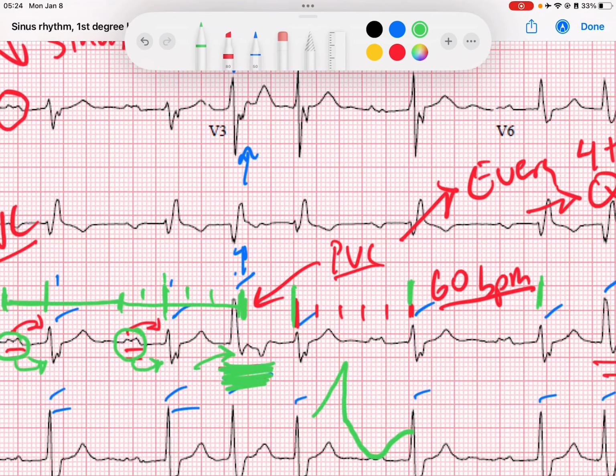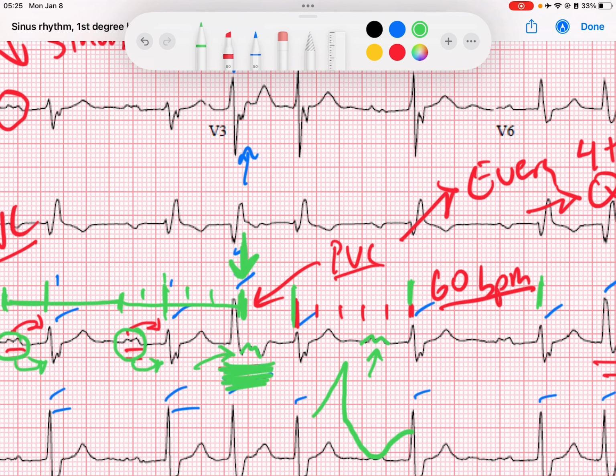Well, look what I see superimposed on the T wave of this PVC: a superimposed notchy P wave that occurs right on time. This is the P wave that is conducting to that QRS.